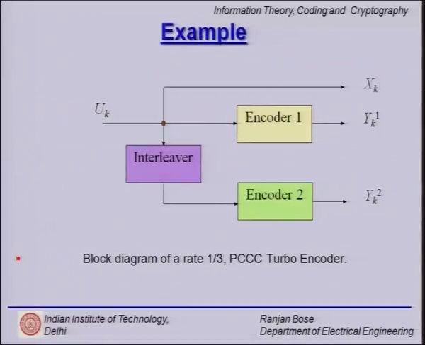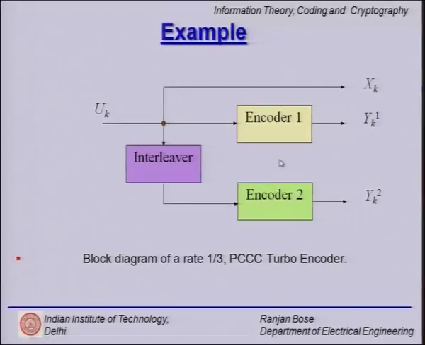So, this is the basic structure of a turbo encoder. As you can see, this is the input, and this input can go to the first convolutional encoder called encoder 1, and it gives some output. But the same input goes through an interleaver, which is basically a shuffling operation, and is fed to another convolutional encoder.